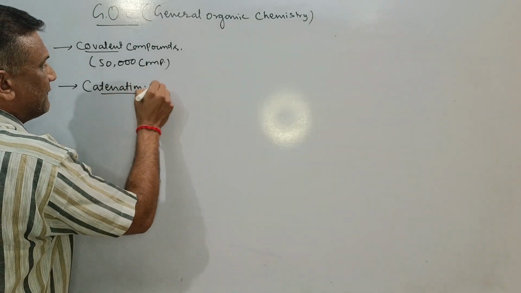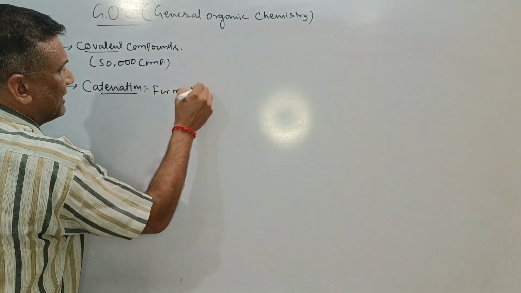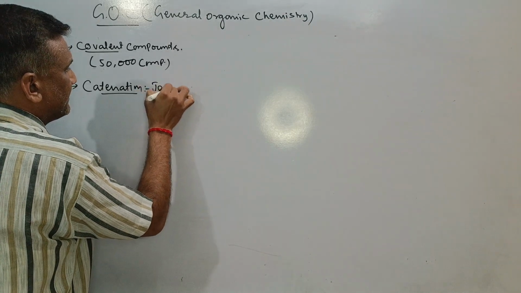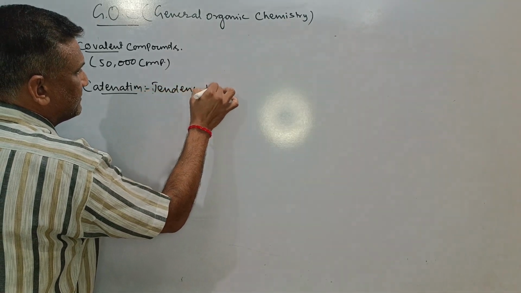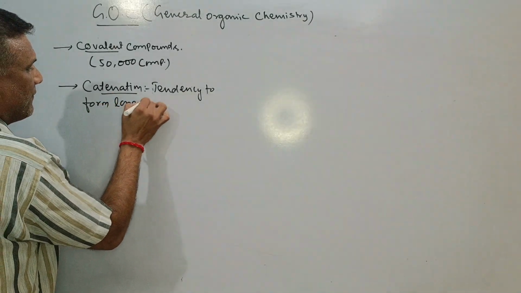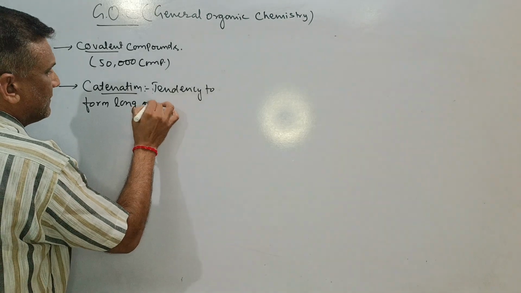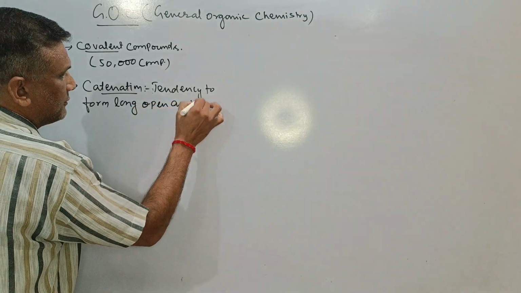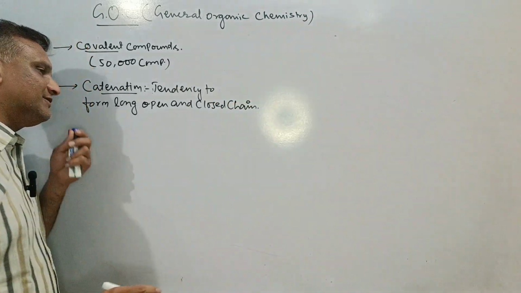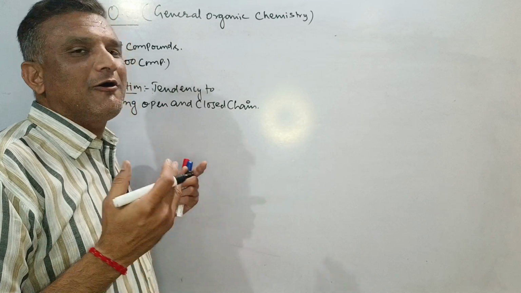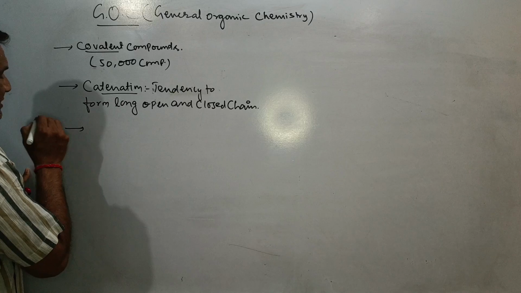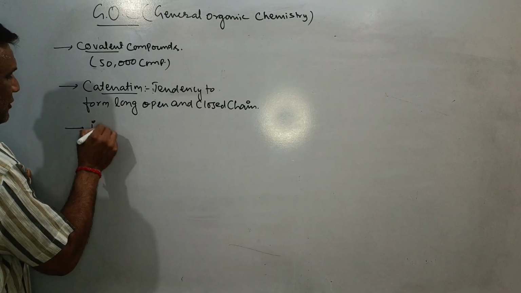Catenation means the tendency to form long open and closed chains. मीन्स particular ये इलेक्ट्रॉन के शेयरिंग के थ्रू कैटेनेशन की प्रॉपर्टी के कारण से लॉन्ग ओपन और क्लोज चेन का फॉर्मेशन करता है.